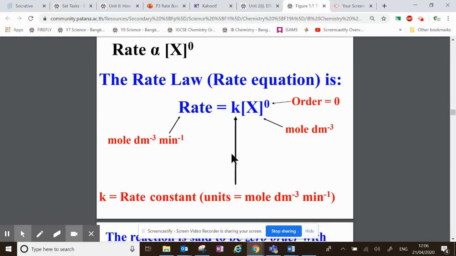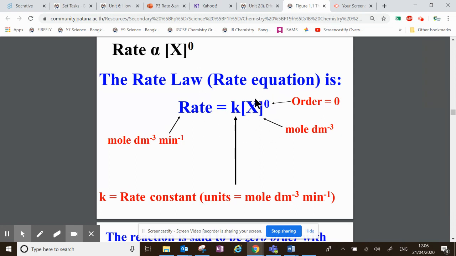Now in terms of units, in this case, if we have rate in moles per dm cubed per minute, and it's equal to just k, this bit has disappeared because it's become 1, then the rate constant must have the same units, moles per decimeter cubed per minute. So it's more simple.